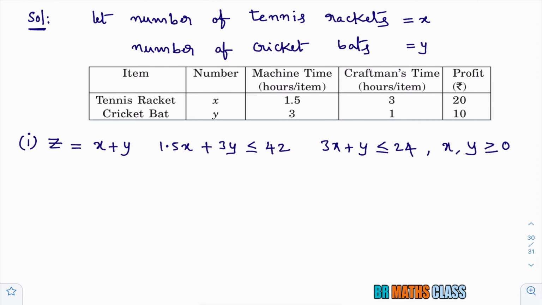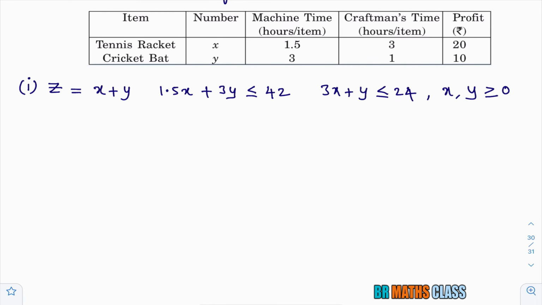What is step 1? By using the constraints, we'll identify the feasible region. After identifying the feasible region, step 2 is we'll identify the corner points. After finding the corner points, step 3 is substituting these corner points in the objective function. Okay. To identify the feasible region, first we'll graph this inequality.